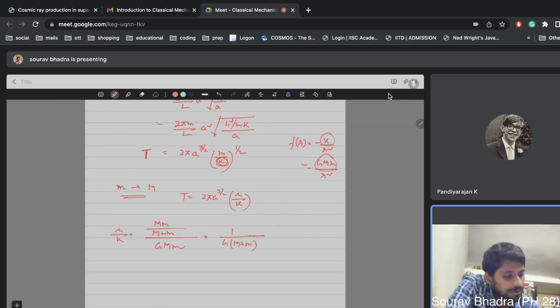Now this is for a general mass, where I have not considered that capital M is very much greater than small m till this point, but you can consider it, there is no problem. So if you consider that, let us first write without considering it.